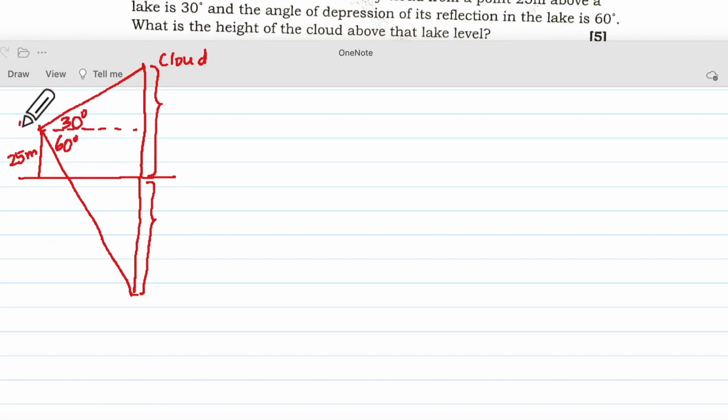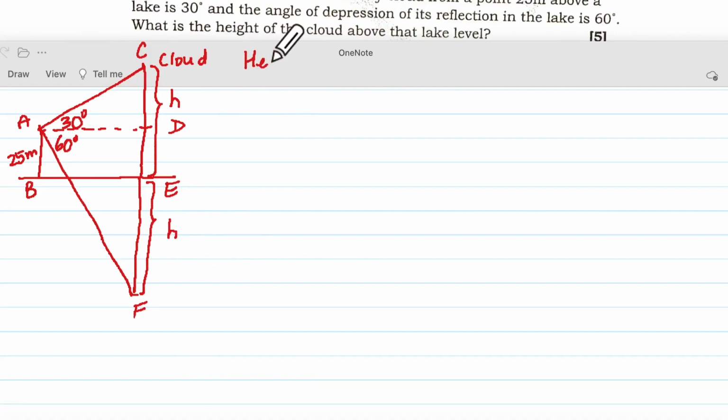Yes. Let us name it A, B, C, D and E, and this will be called F. And they are saying what is the height of the cloud above the lake. That means this full thing is H and this full thing is H. What are they saying?